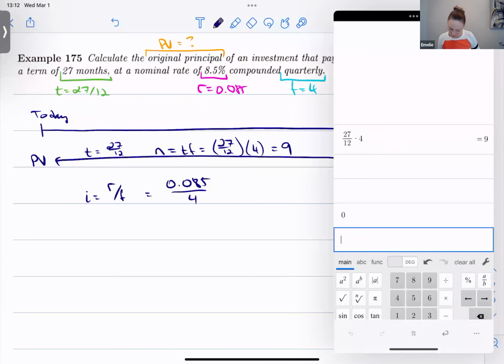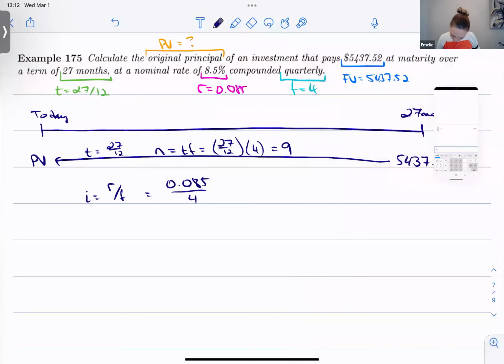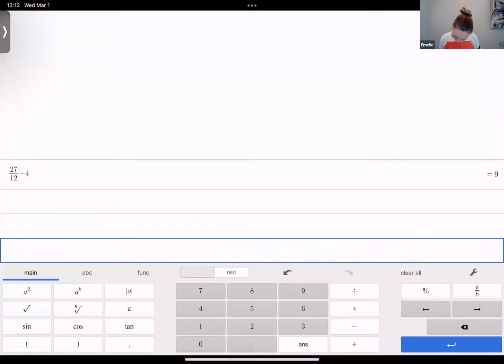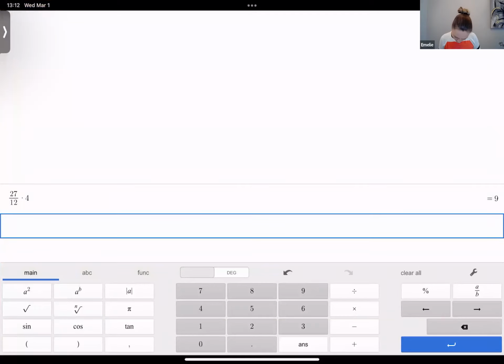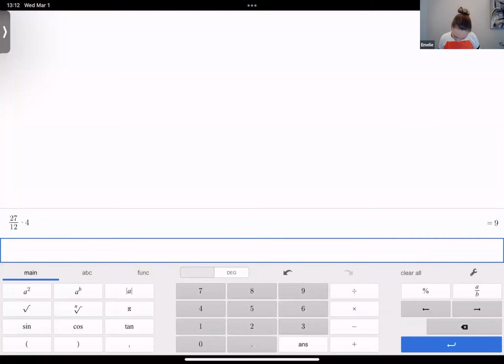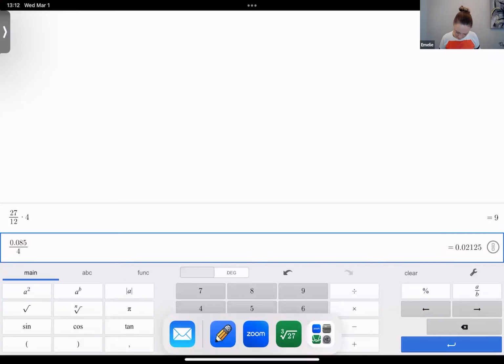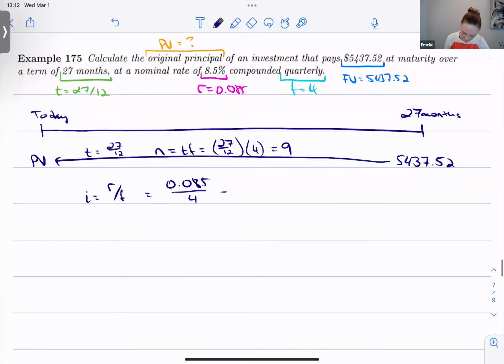Oh man, why am I struggling so bad? I think I'm going to have to go to the big screen here. Okay. 0.085 divided by 4 is 0.02125. Nice.